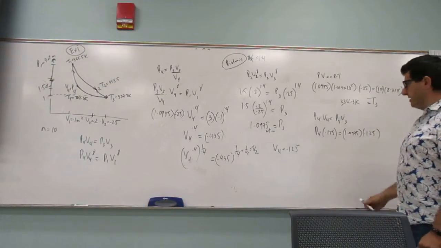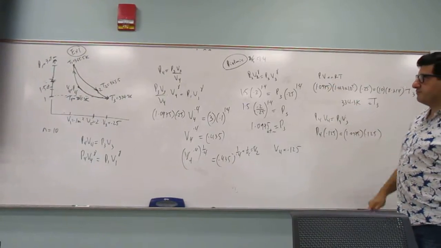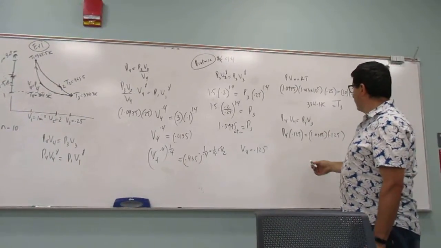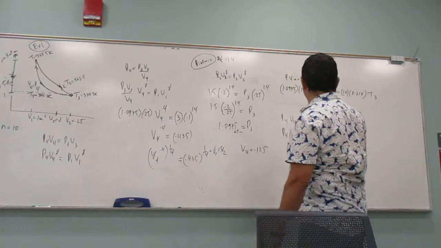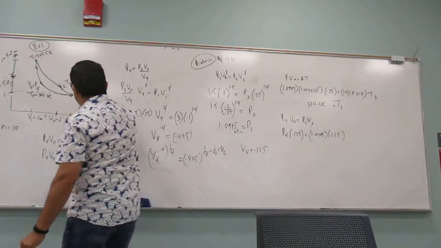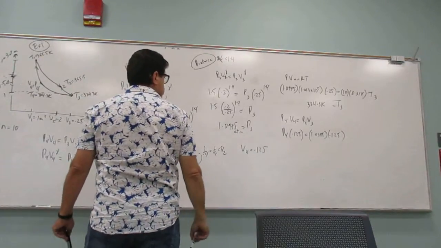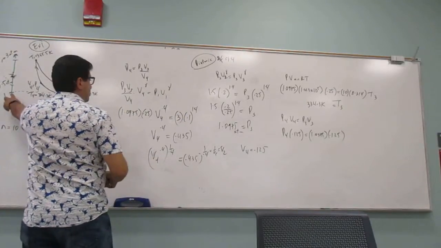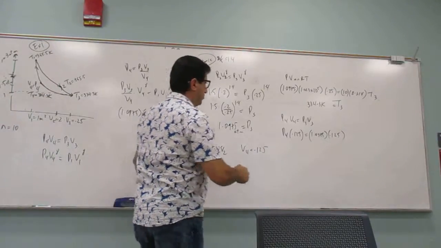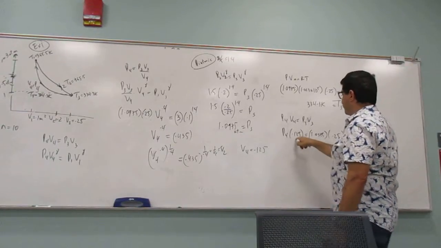Right? Do I have everything right? P3. Wait, isn't that V4? For V3, you put V4 instead. Let's see, V3 is going to be 0.25. Yes. And then P3 is 1.01975. Okay, so this is 0.25, right? Yeah. Then V4 is the 0.125.